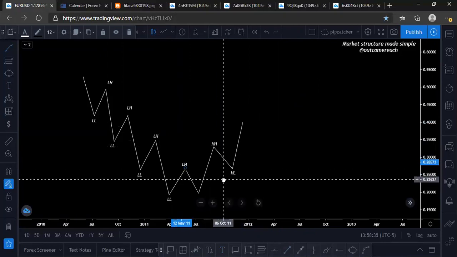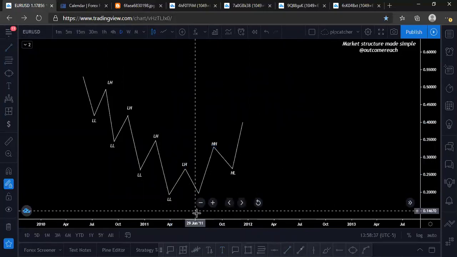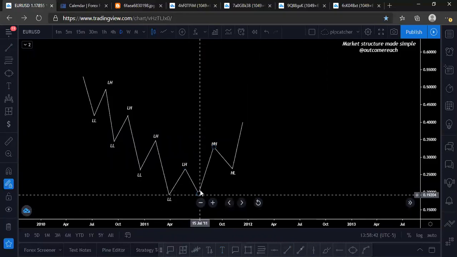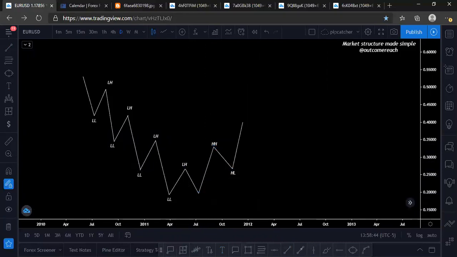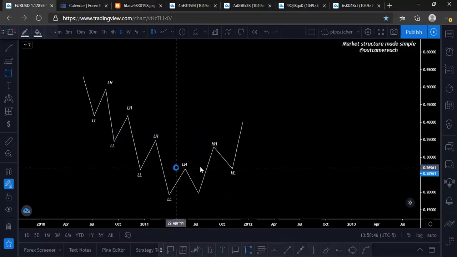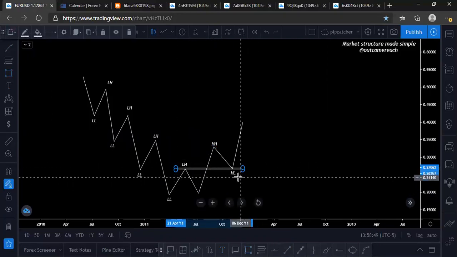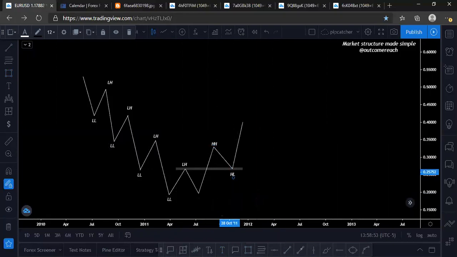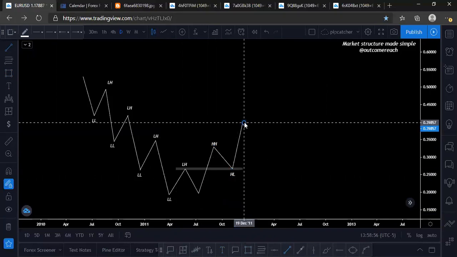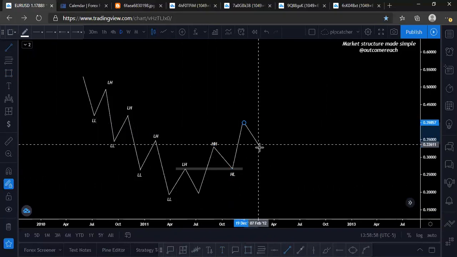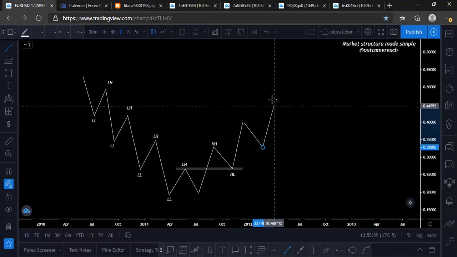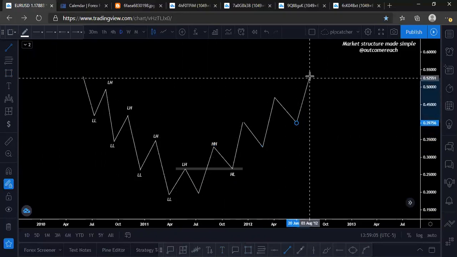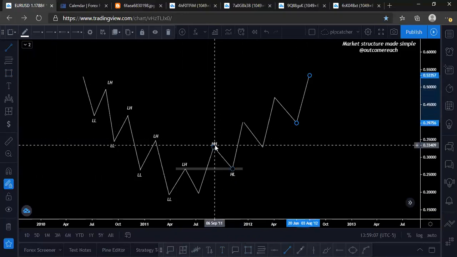So lower high. Now, the market did not create a lower low on this extension. Instead, it broke structure to create a new high, starting a potential uptrend. So then we have another higher high, higher low, higher high, higher low, and then a higher high.